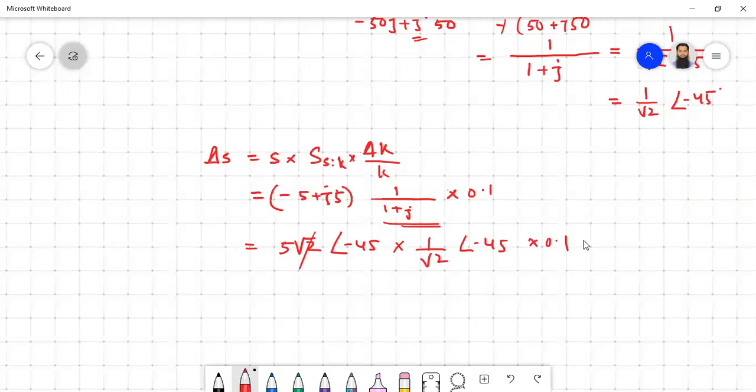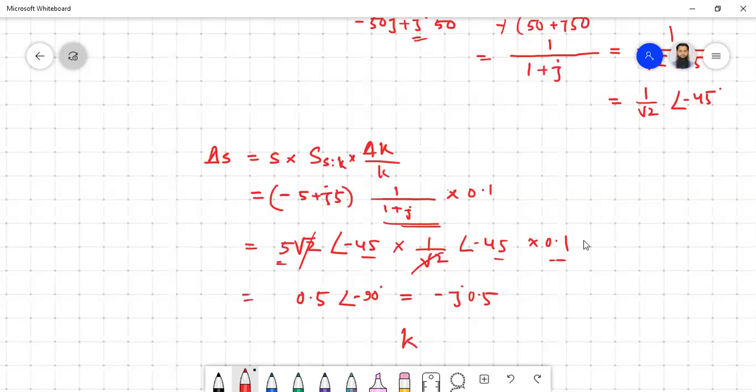So root 2 gets cancelled out, and minus 45 minus 45 becomes minus 90. Multiplying this with this one, it will be 0.5 at minus 90 degrees, which is nothing but minus j 0.5.